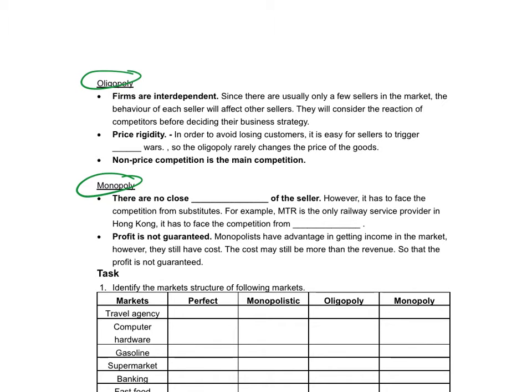They have discounts at a similar time. You will find that they are really interdependent, because they will try to make agreements to protect their profit. Okay, they don't want to start a price war. So you will find that their price rigidity is really strong, and they do not easily change their price because they are trying to avoid price wars.